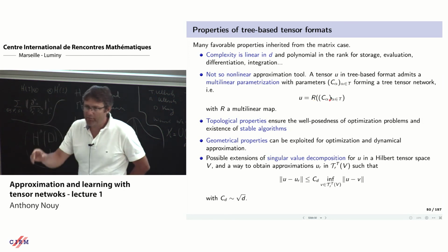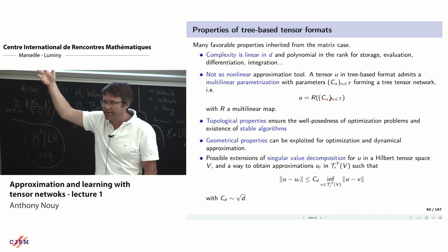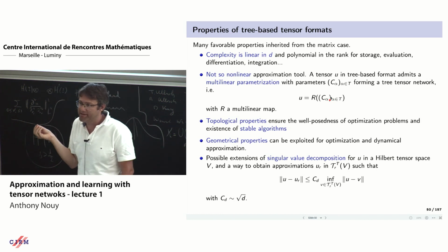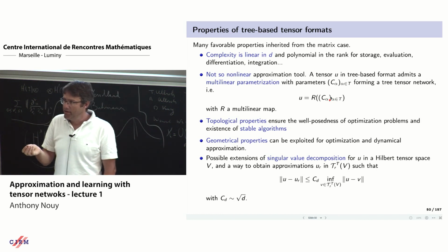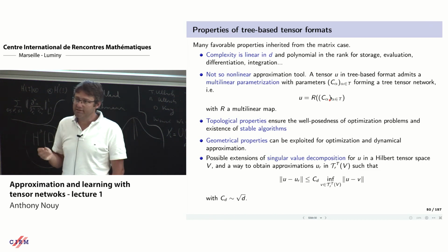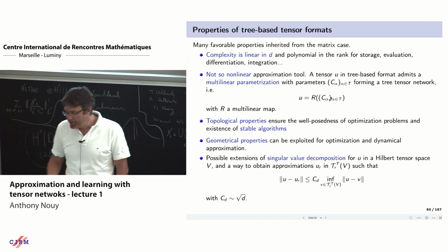You remember this U of x, which is written as a sum of products of entries of the C alpha. It means that U is linear in each of the parameters C alpha. And this is something, as you will see at the very end for the algorithmic aspect, used in algorithms, exploiting this multilinearity.